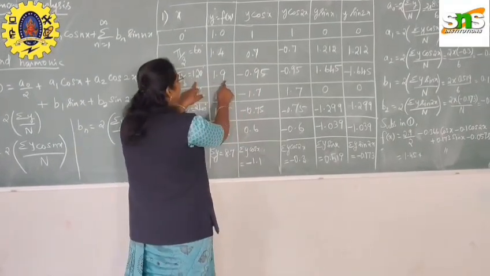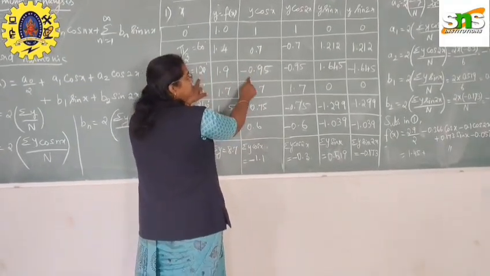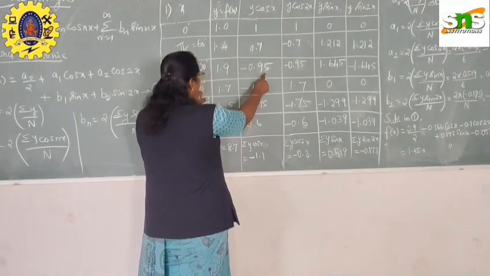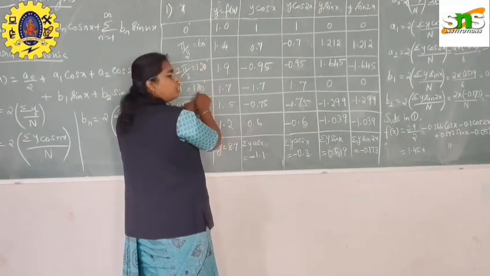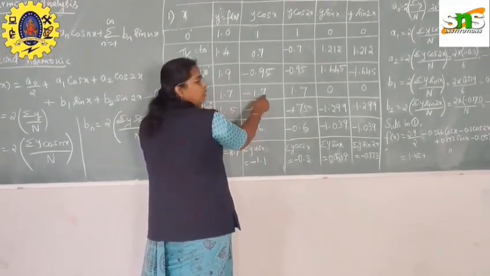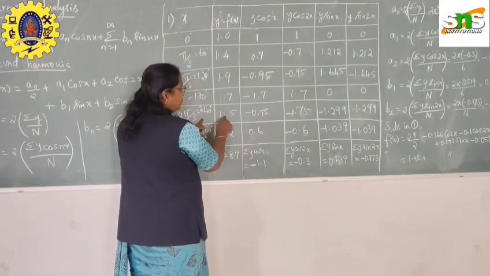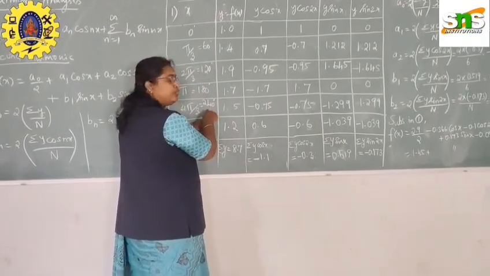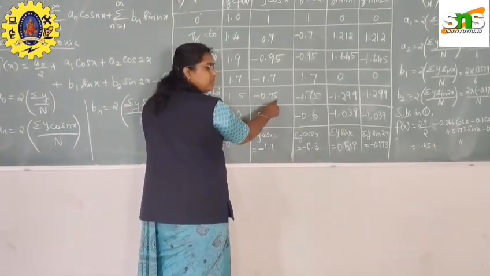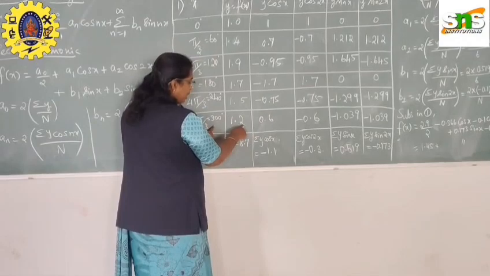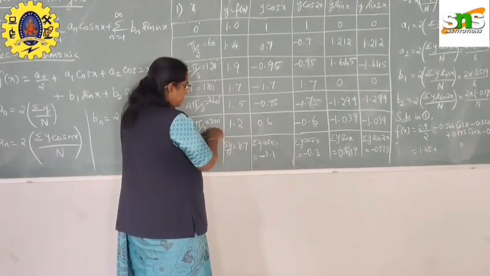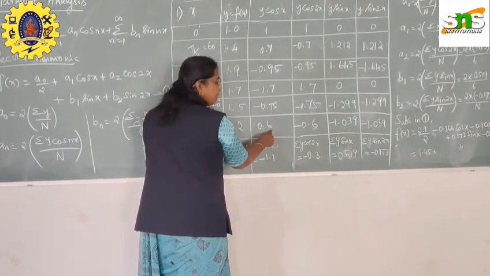And then 1.9 into cos 120 is minus 0.95. 1.7 into cos 180 is minus 1.7. 1.5 into cos 240 is minus 0.75. 1.2 into cos 300 we got 0.6.